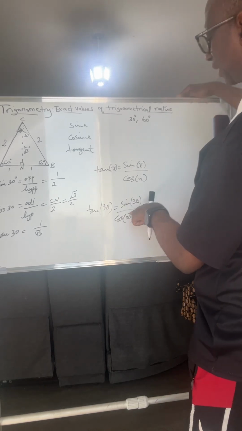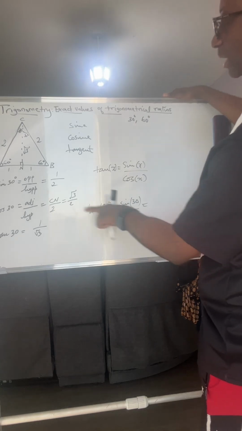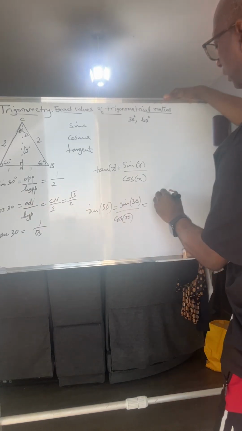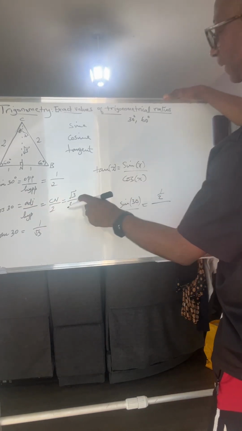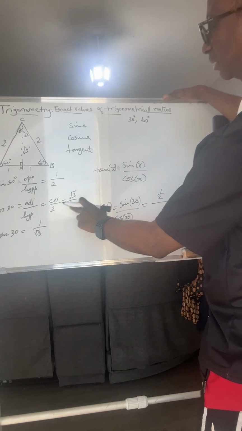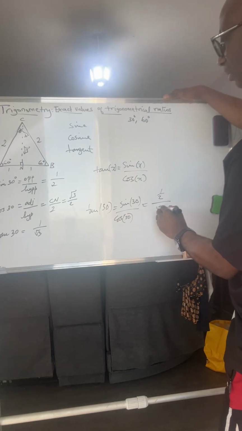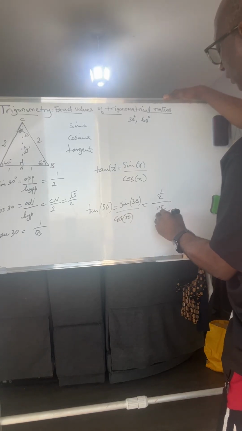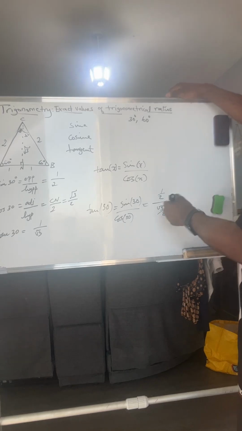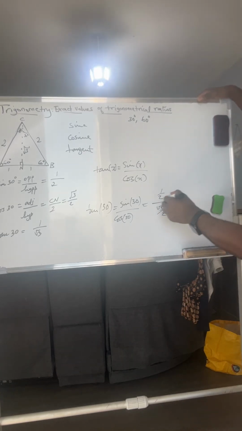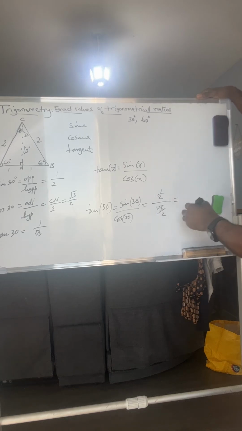And we already found the values of sine 30 and cos 30. Sine 30 we said is 1/2 divided by cosine of 30, which is √3 all over 2. The denominators will cancel, so you will have 1 all over √3.